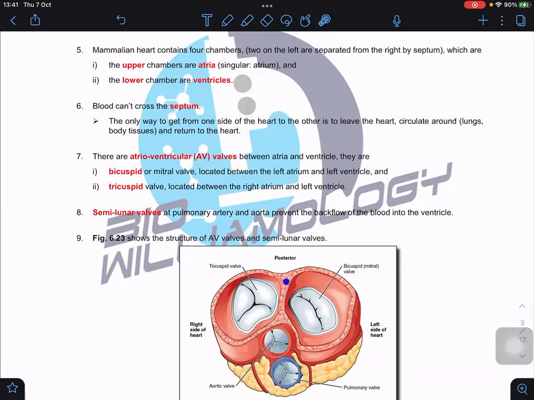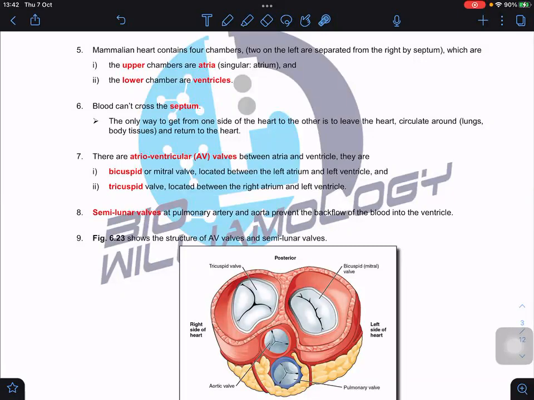Can you see that? This is the septum. It divides these 2 chambers so that the blood won't mix. The only way to get from one side of the heart to the other is to leave the heart. That's why it's a double circulation. You have to go out first and then enter back. There is no way to cross between the 2 atria or the 2 ventricles.